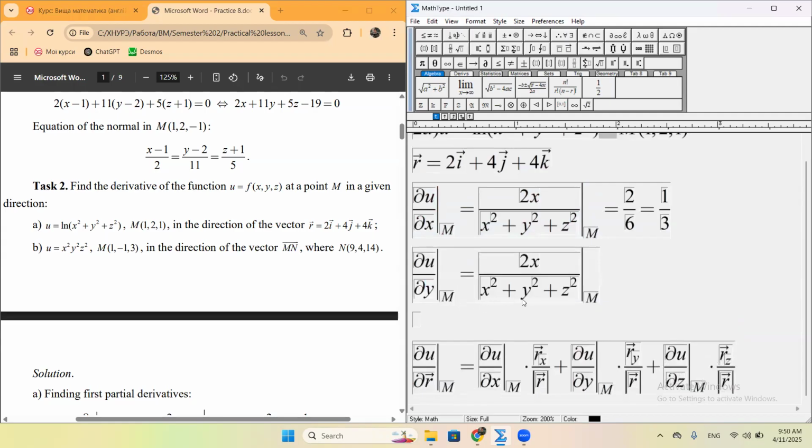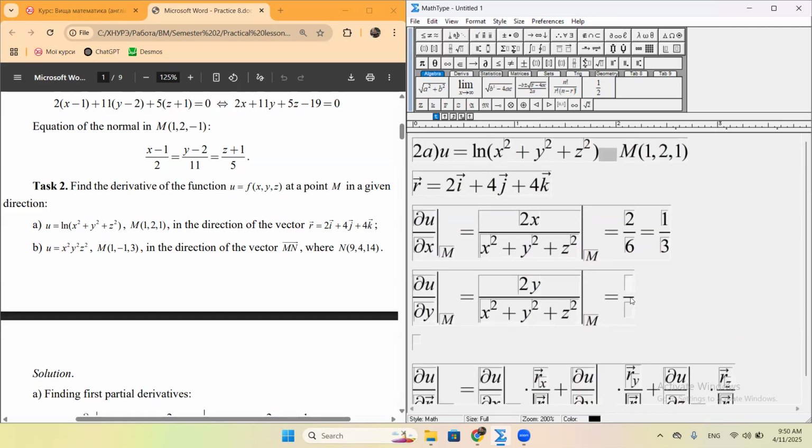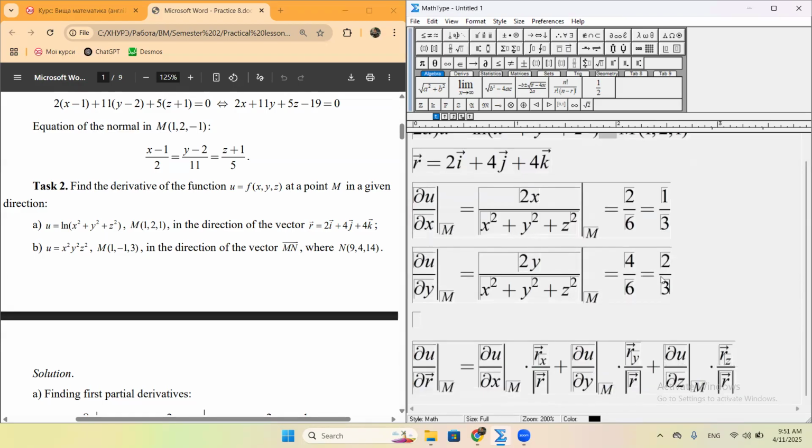Now finding the partial derivative by y. So actually what changes here is only y. And then continue calculation. So 6 in the denominator, 4 in the numerator, so 2 over 3.